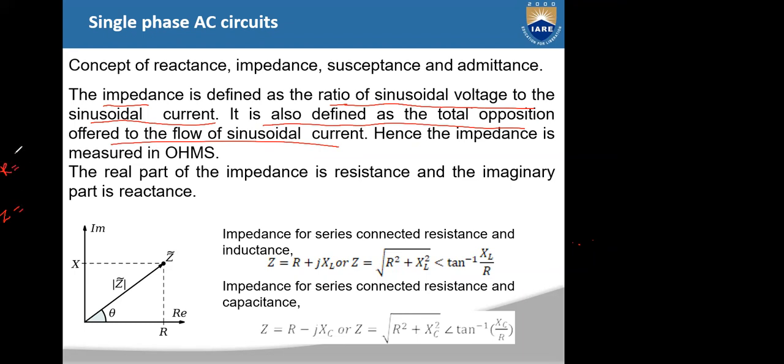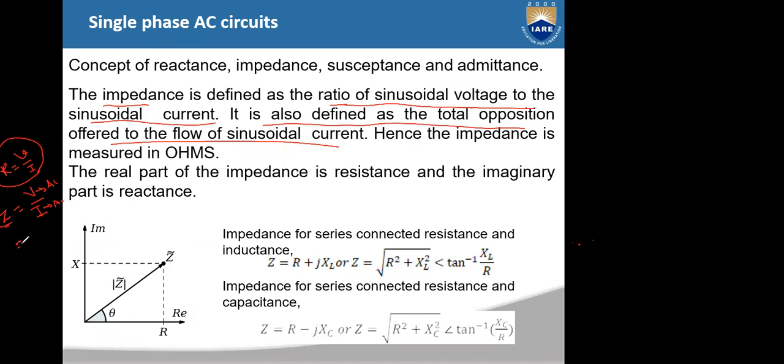R is equal to V by I, that is in case of the DC circuit. In AC circuit, the same resistance we're calling the impedance now, and that is a ratio of V by I. For the AC quantities, this voltage might be AC voltage and current might be AC current. So this ratio we are calling an impedance.